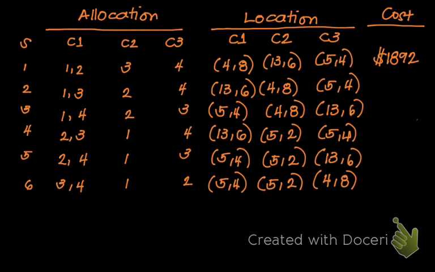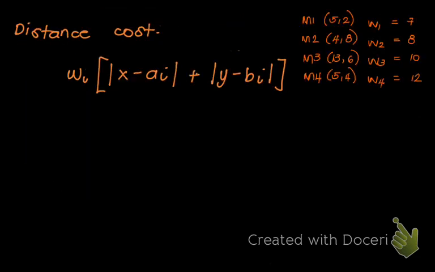So, we have 13 and 6 for the movement in center 1. So 13 and 6, and that is with machines 1 and 3. So M1 and M3. So ang ating weight is 7, M3 is 10.